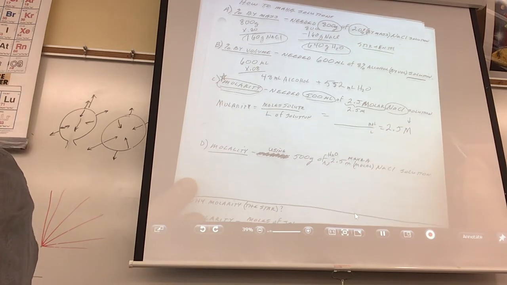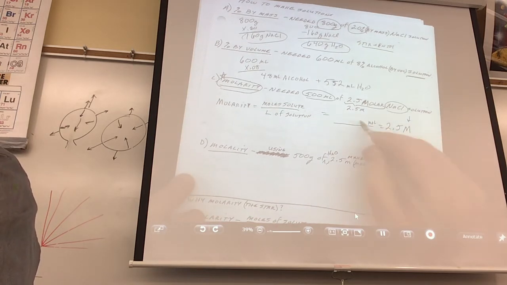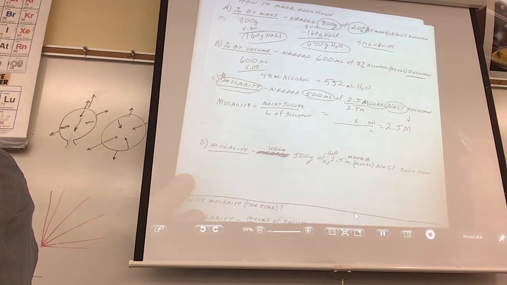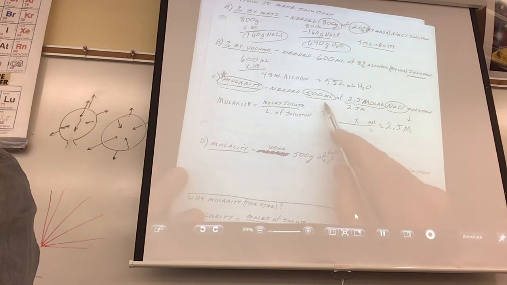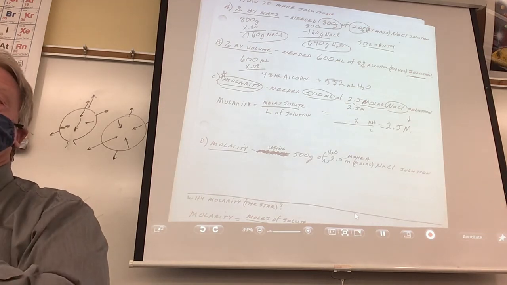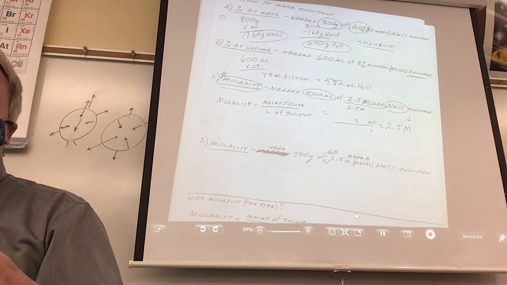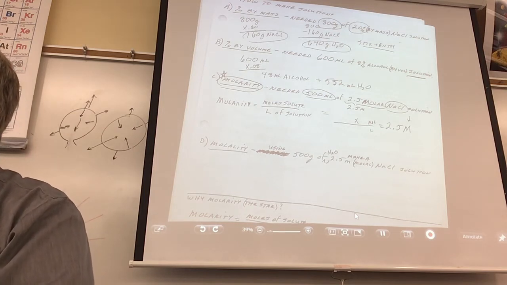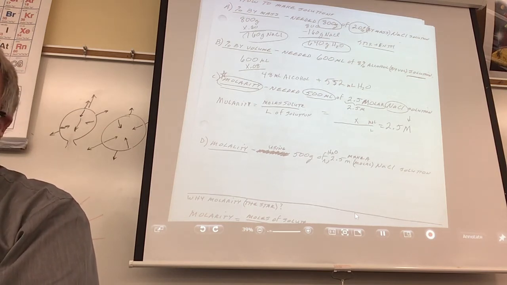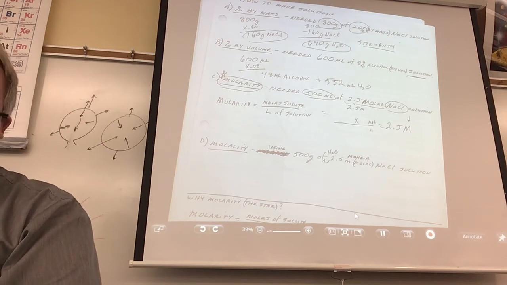Now, do you have moles? No? I'll figure that out. Do you have liters? Sort of. What's 500 milliliters in liters? What's the shortcut for that? I can do factor label, but 500 milliliters, how much is a whole liter? How many milliliters?